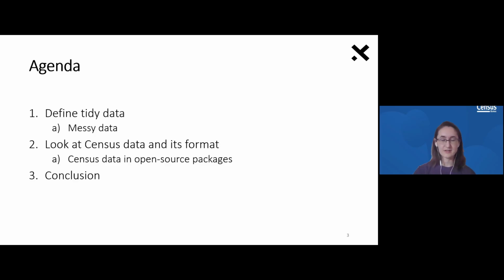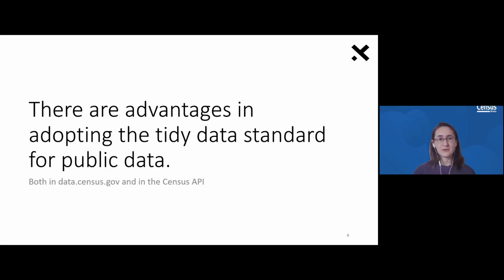And then I'll go through a conclusion section as well. So my premise for this presentation is that there are advantages in adopting the tidy data standard for public data. And this is my wish, my hope, that this becomes true, that ACS adopts this standard, both in data.census.gov and the Census API.